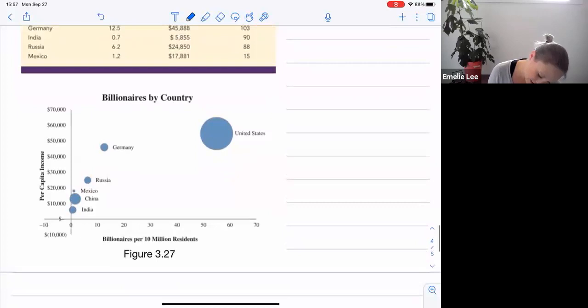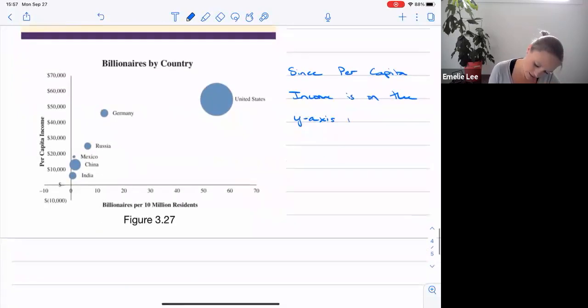And so here I'll say, since per capita income is on the y-axis, it must be the response or the dependent variable.